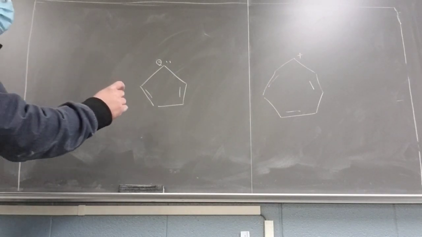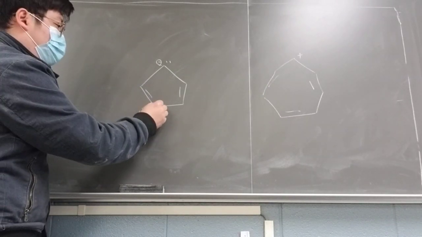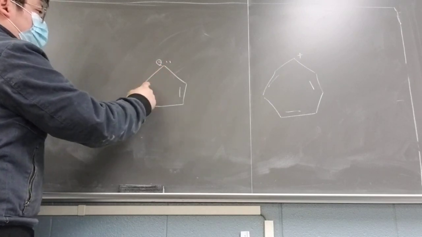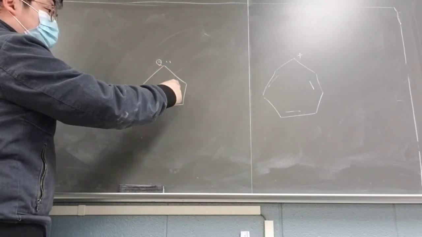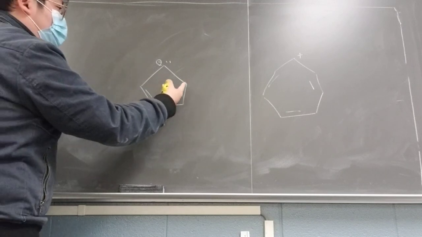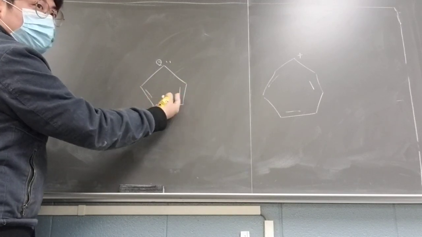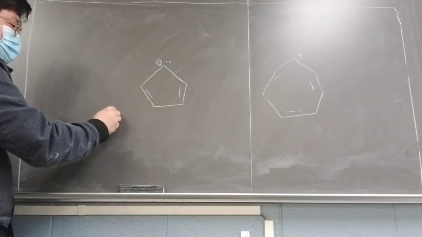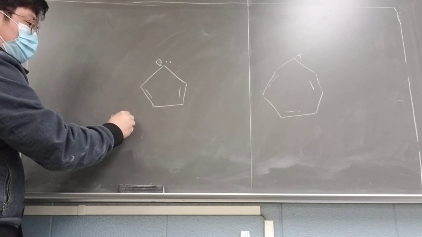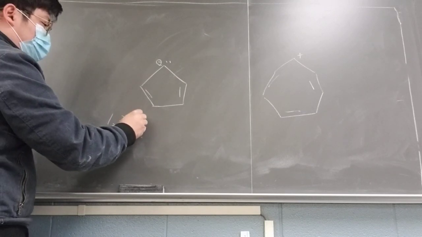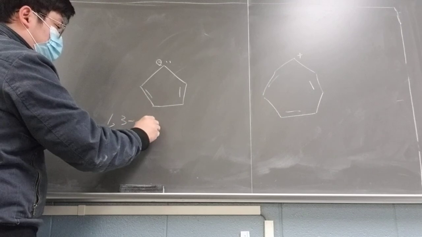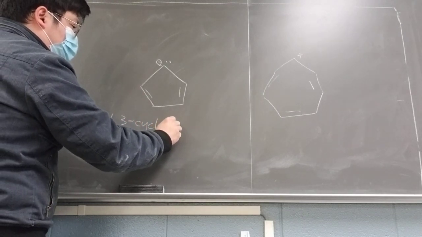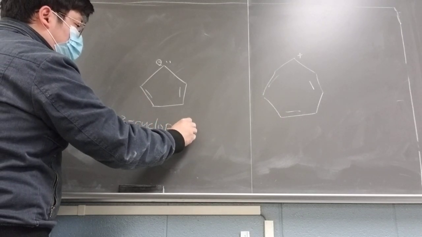Okay, so what's the name of this one? Do you guys remember this one? So we have cyclopentene, but you have two double bonds over here. So this will become 1,3-cyclopentadiene.